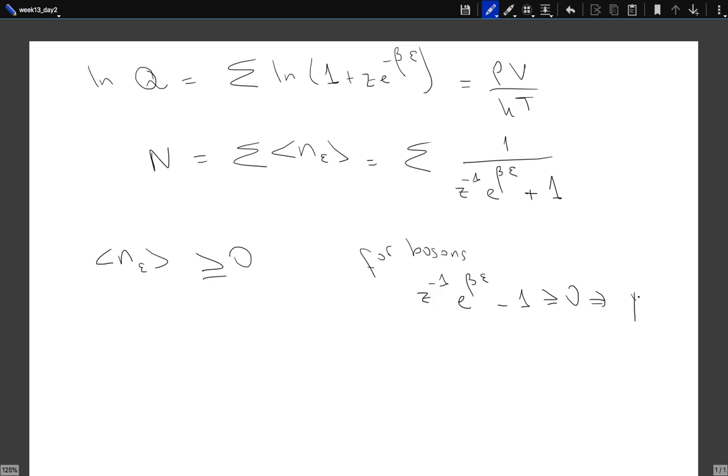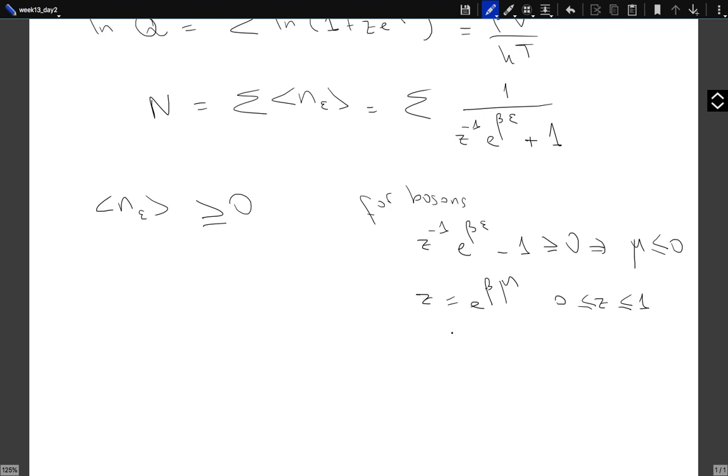This basically told us that mu should be less than or equal to 0, so there was a constraint on the chemical potential. Since z was e to the power beta mu, this constraint means that z was between 0 and 1. If mu is 0, z is 1. If beta mu goes to minus infinity, then z is 0.